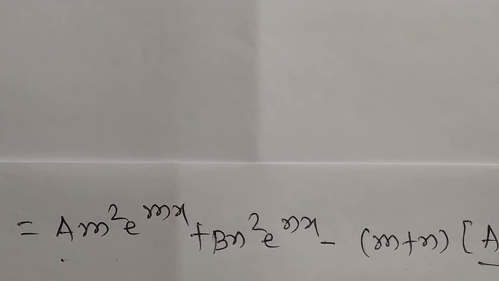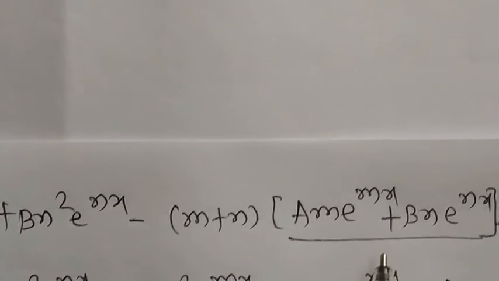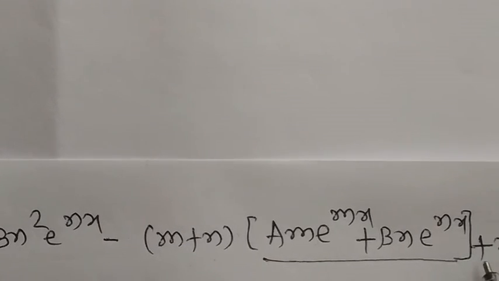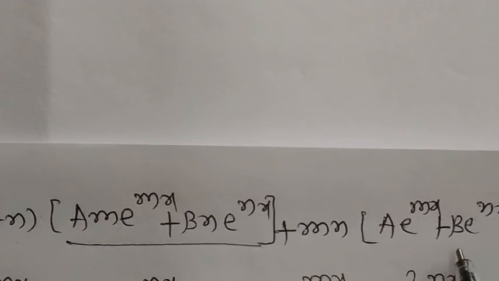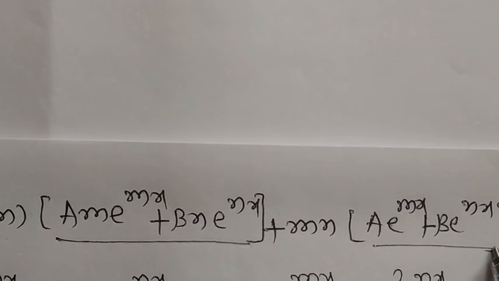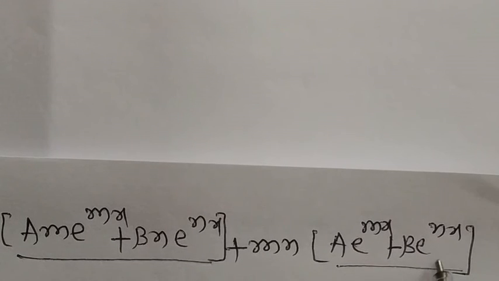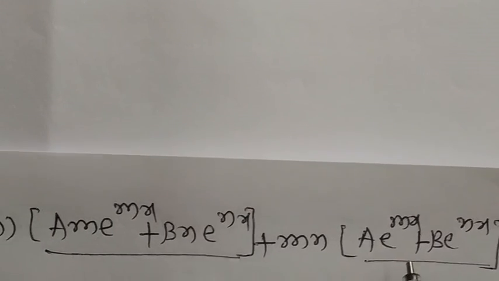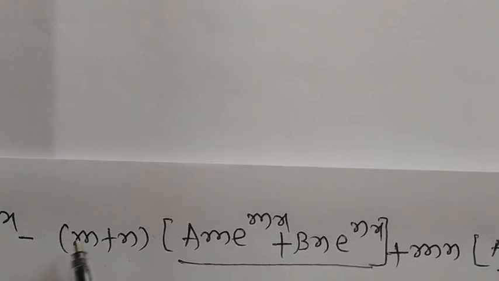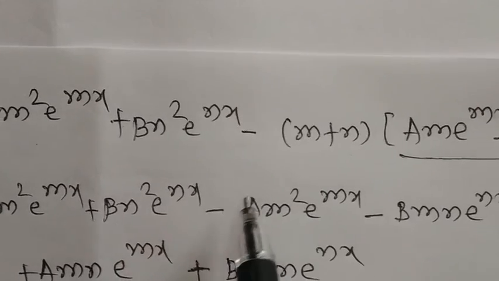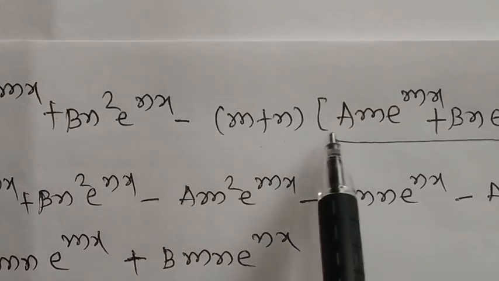So this is your dy by dx, that equals a m e to the power mx plus b n e to the power nx, plus mn of your y, a e to the power mx plus b e to the power nx. Now take the expansion, do the multiplication. The first term remains the same, a m square e to the power mx plus b n square e to the power nx, minus m into this term, both terms.